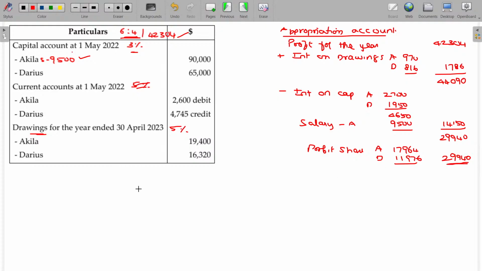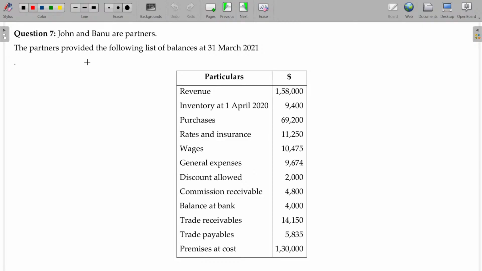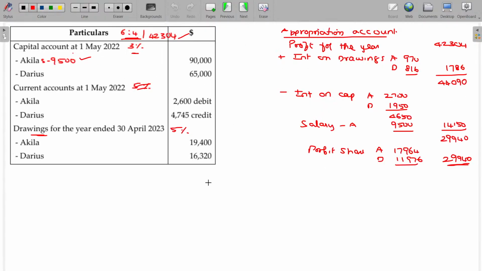So now I'm going to prepare whose current account? Aquila's current account is going to be prepared. In that, never bother about the capital account.